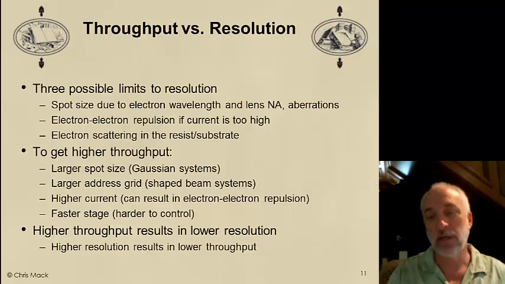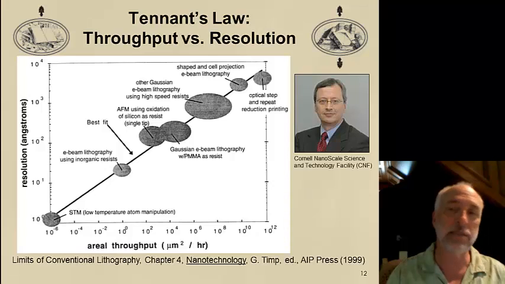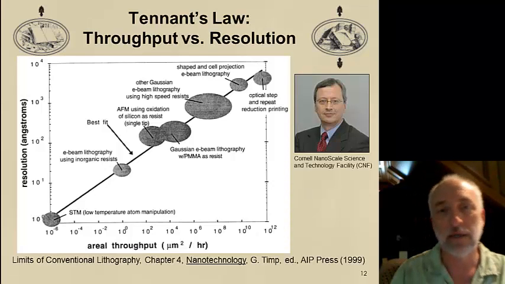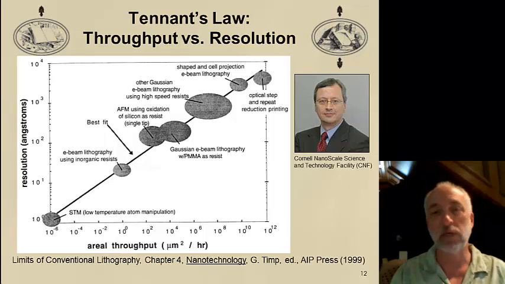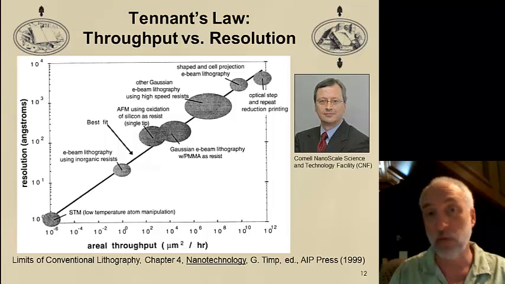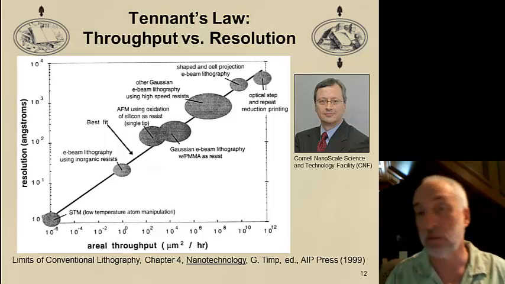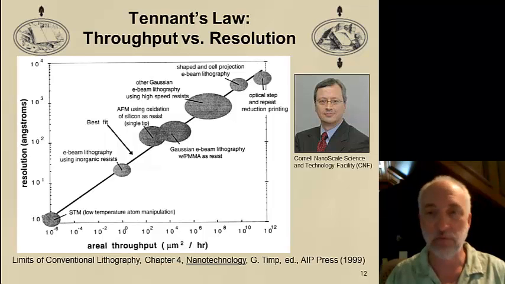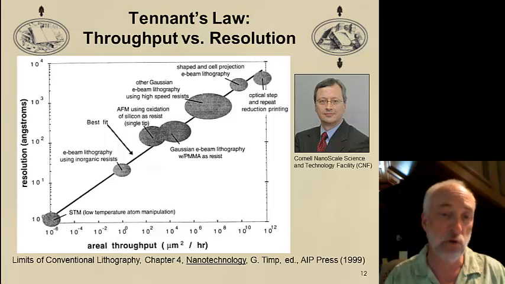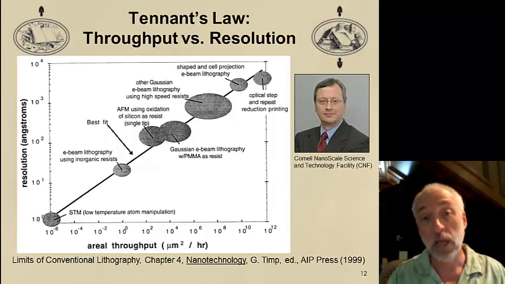In fact, this trend has been noticed for quite some time, and Don Tennant described about 20 years ago this trade-off in what has now become known as Tennant's law. He looked at a large number of lithography tools, from optical step-and-repeat reduction printing that we use in semiconductor manufacturing of wafers, through scanning tunneling microscopes manipulating atoms one at a time, and everything in between, with e-beam lithography as one of these multiple systems of various types.